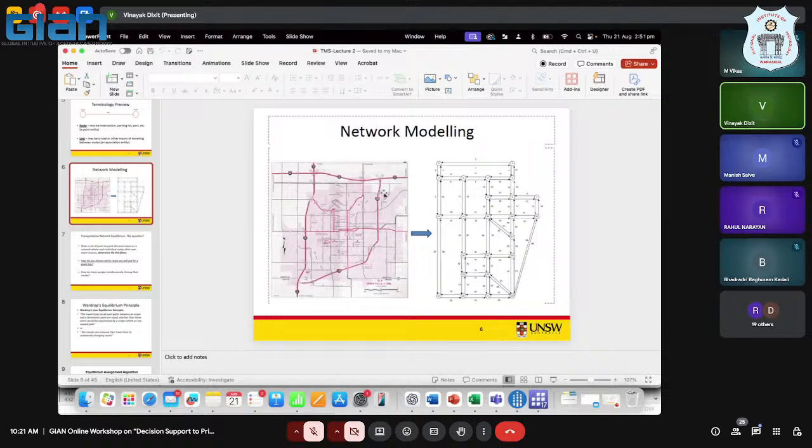The concept of equilibrium is, if I want people to go from this origin to this destination, and let's say this is the shortest path, if everybody takes this path, congestion will increase. The travel times will increase. So some people will move here, until the travel times are equal.